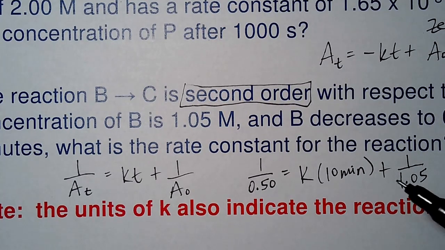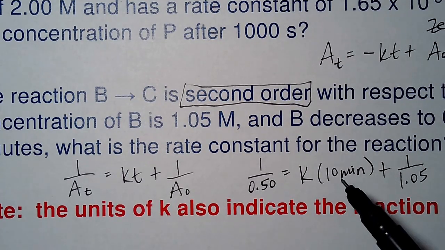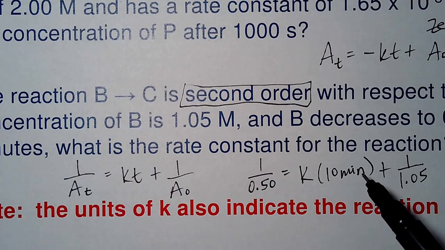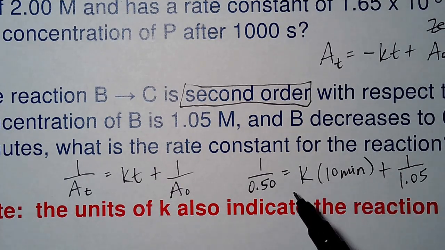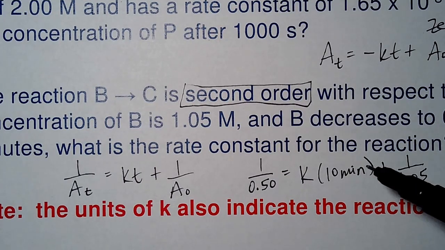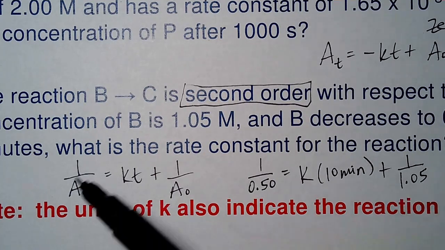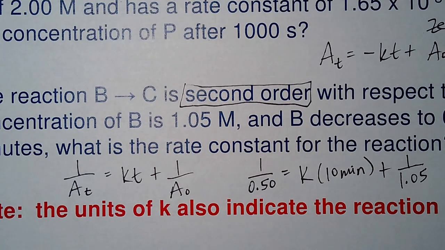I put in 10 minutes for my time. That means that my K value will be measured with minutes as the time unit. You can also change this to seconds if you would prefer that. In this question, it doesn't really matter because we don't have any units that we have to match. It's just a matter of preference.